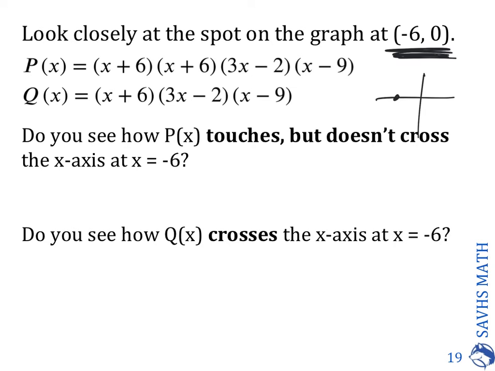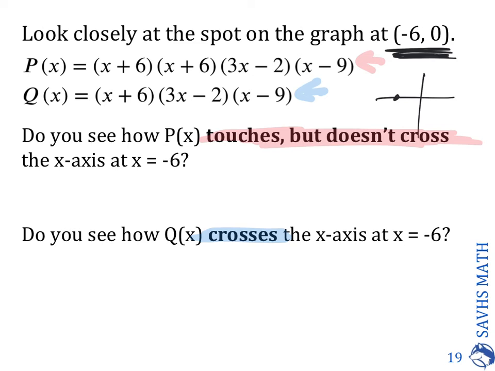You should see that the function p of x touches but does not cross the x-axis there. So it probably looks like either this or this right there. Let's compare that to q of x, because q of x probably crosses like that or like that there. And so there's a difference there.